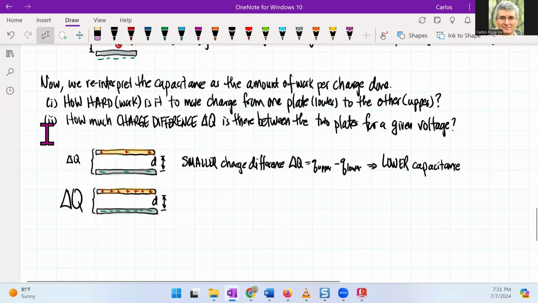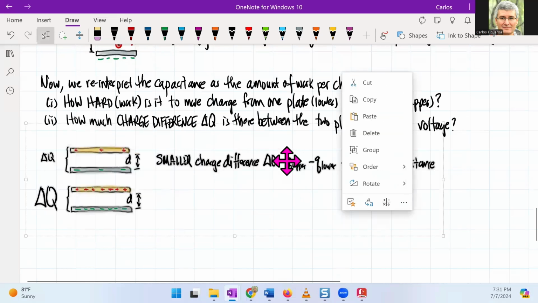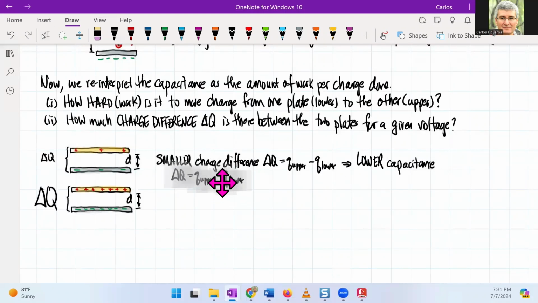Now let me move this over here a bit more. In fact, to consolidate my space, I'm going to talk about if this is the charge difference, I'm going to say it right here.